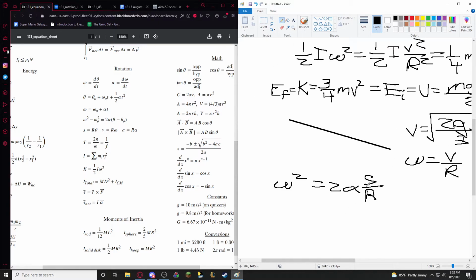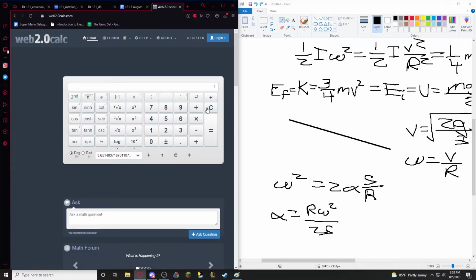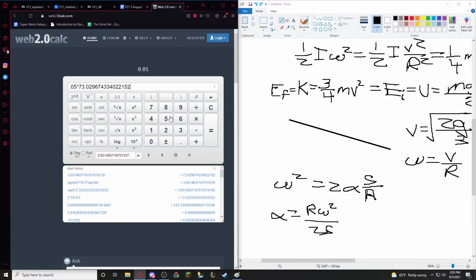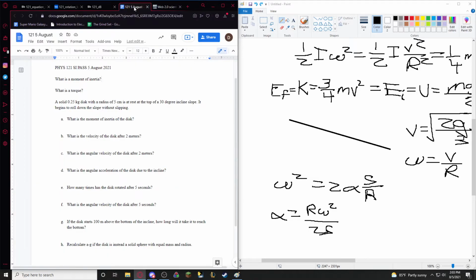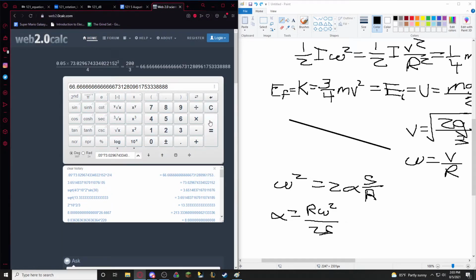So then, to solve for the angular acceleration, it's just r omega squared over 2s, which if we plug in the values and calculate it, what do we end up getting? 333. 333.